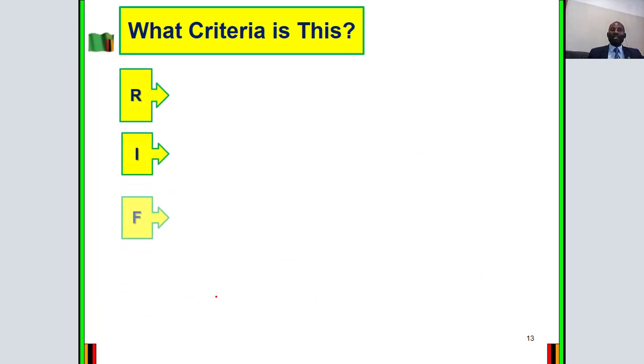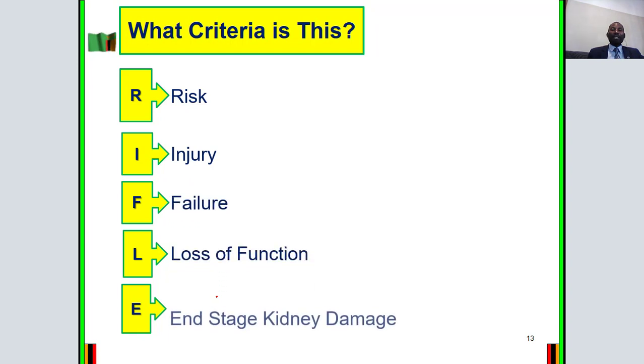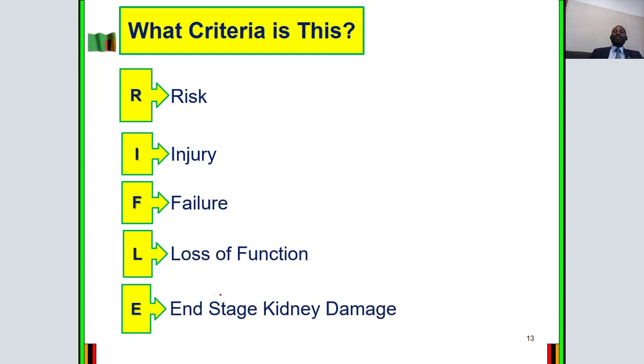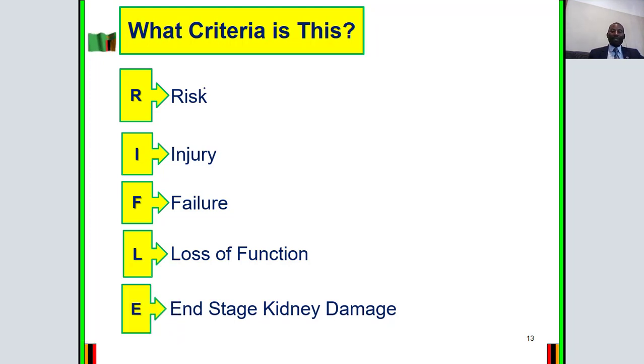Now we come to the RIFLE. So what is RIFLE? We said risk, injury, failure, loss of function, end-stage kidney disease. So now, what are we supposed to consider when we're talking about the RIFLE criteria? That is very important to take note. It is based on three things that you have to consider.